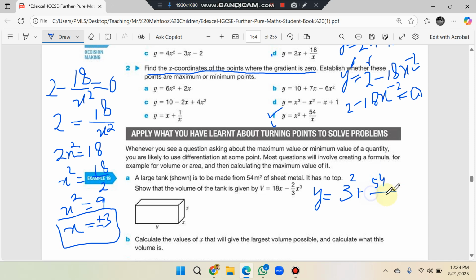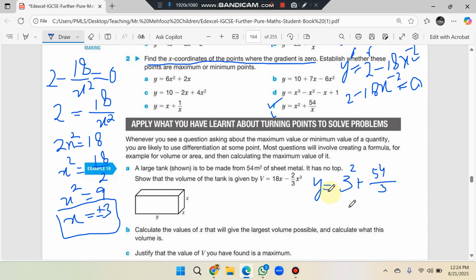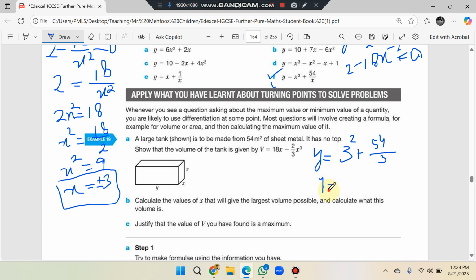What is the answer? 27. It means that the point 3, 27 is your minimum point in this question.